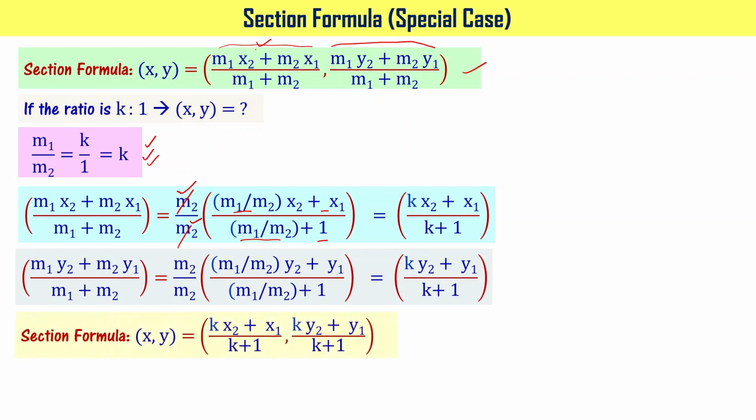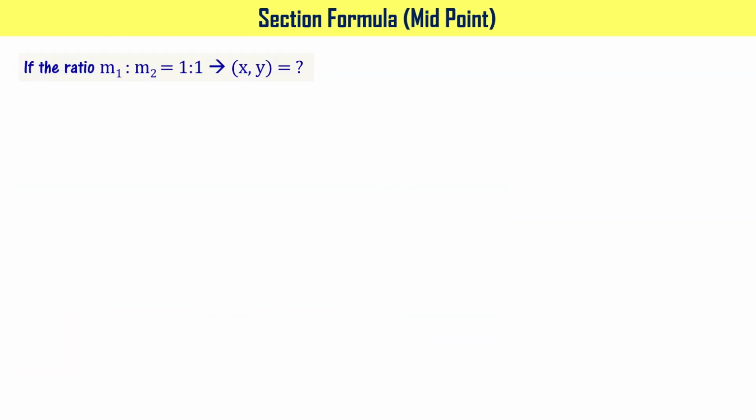Now, the section formula is going to be kx2 plus x1 divided by k plus 1, comma, ky2 plus y1 divided by k plus 1, right? This particular formula is also useful when the ratio is given as a single number like k is to 1. The section point can be computed using this particular formula. Please note this formula. Let's take a look at another special case, that is midpoint.